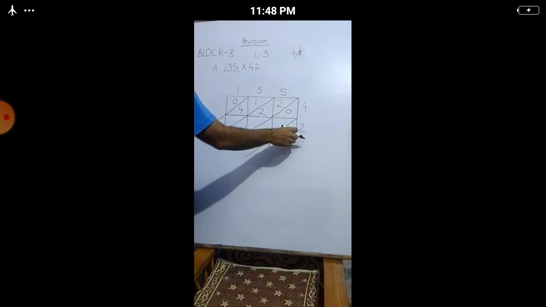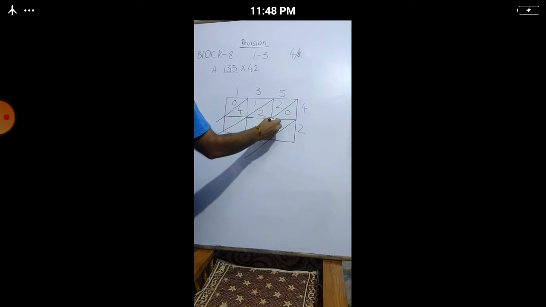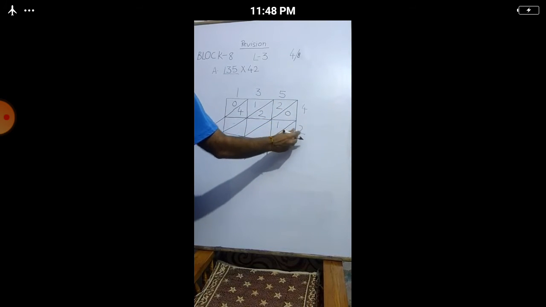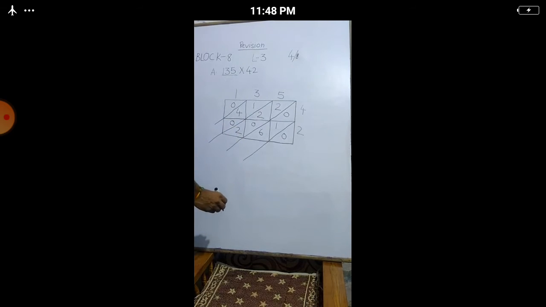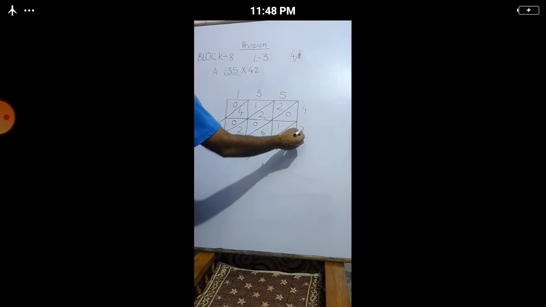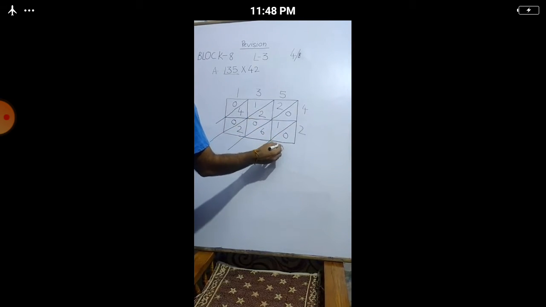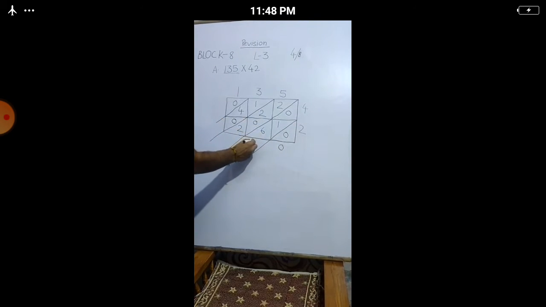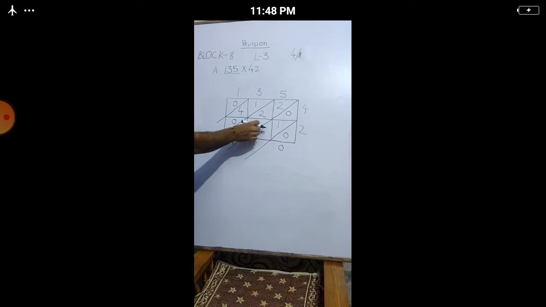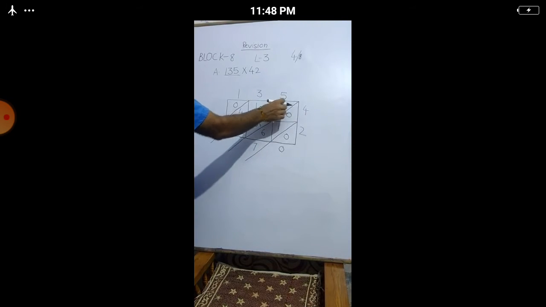Now children, from 2. So 2 5s are 10. 2 3s are 6, 0, 6. 2 1s are 2, 0, 2. Now I am going to add. Students, here this is a single zero. So 0, 6 plus 1 is 7. 7 plus 0 is 7. 2 plus 0 is 2. 0 plus 2 is 2, and 2 plus 4 is 6.